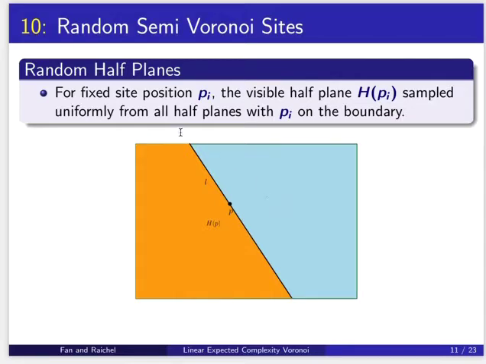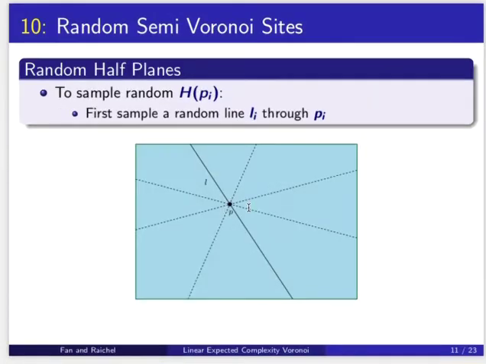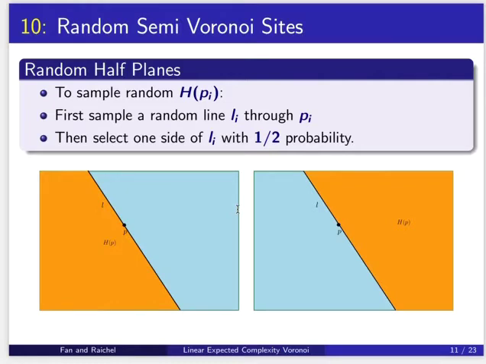The bounding line of a half plane passes through set Pi. So to produce a random half plane, first we sample a random line Li through Pi over all the possible directions. Then we just pick one side of Li with 1/2 probability.